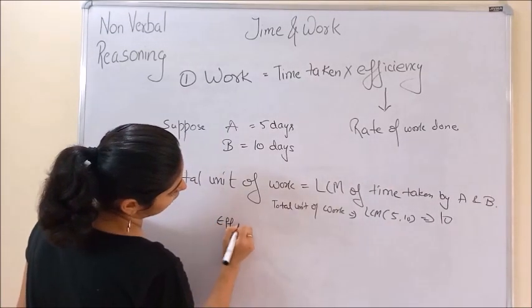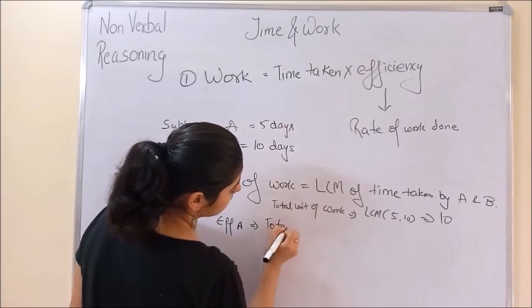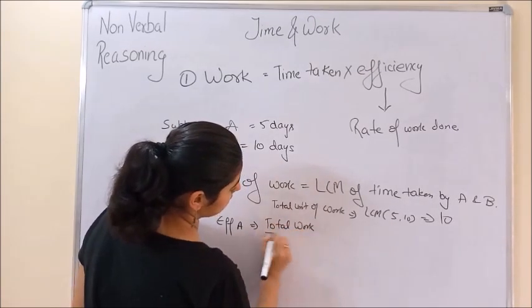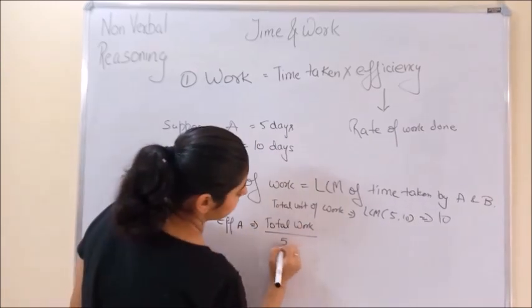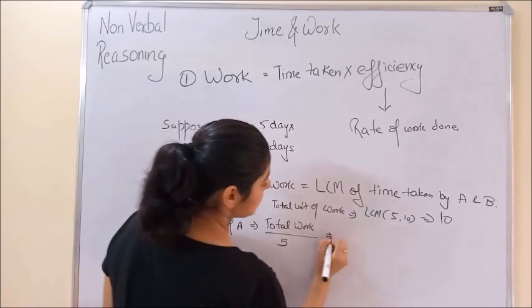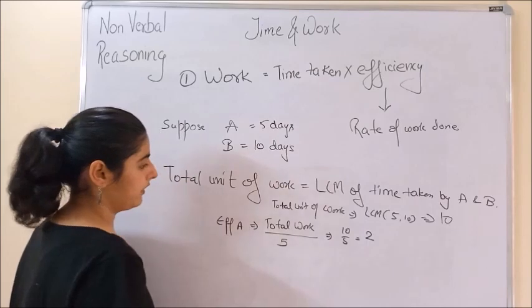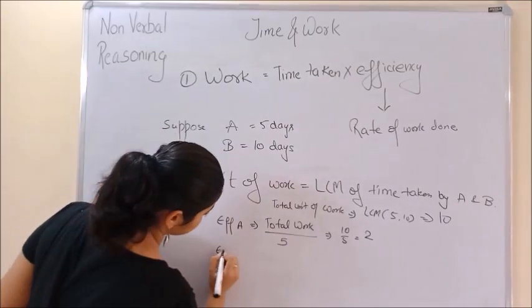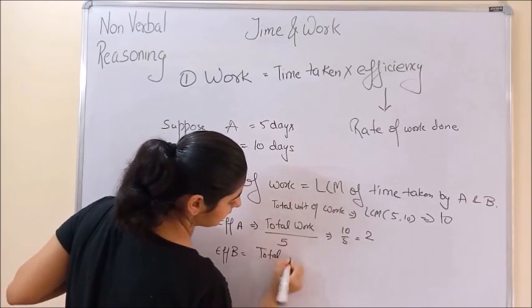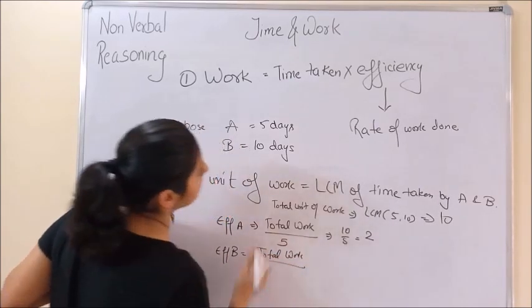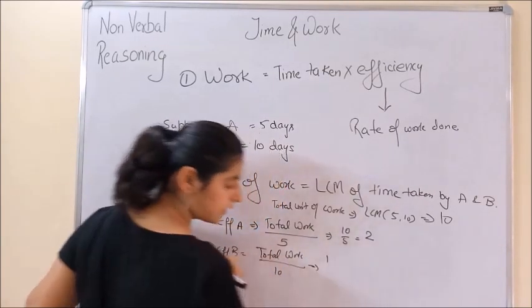Now efficiency of A will be total work upon 5, which is 10/5 equals to 2. Now efficiency of B, total work by 10, that is 1.